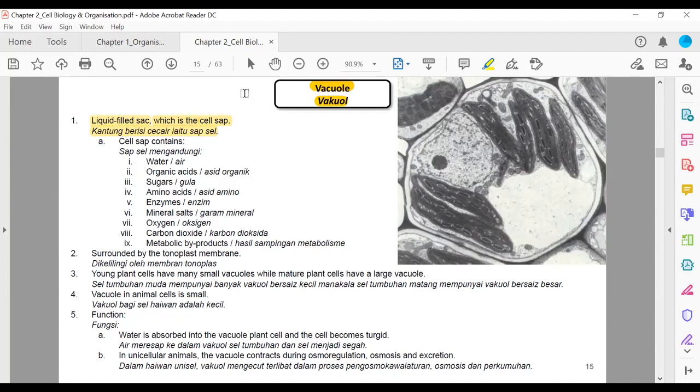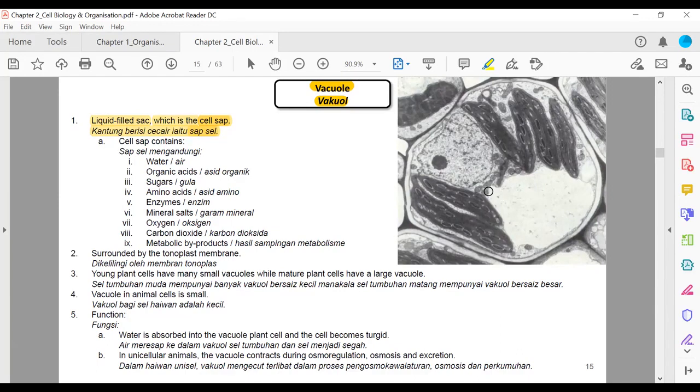A very famous one, this one. Jangan lupa, you have to remember this nicely. We call that cell sap ataupun subcell. So kandungan dalam vacuole, kandungan di dalam vacuole dikenali sebagai cell sap ataupun subcell. It is in the form of a liquid, alright.